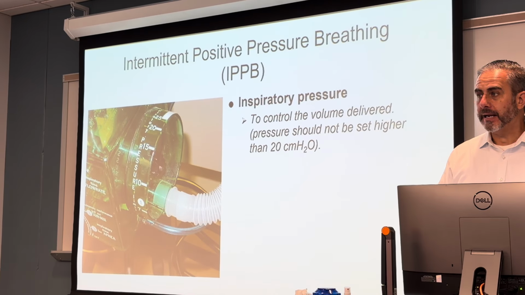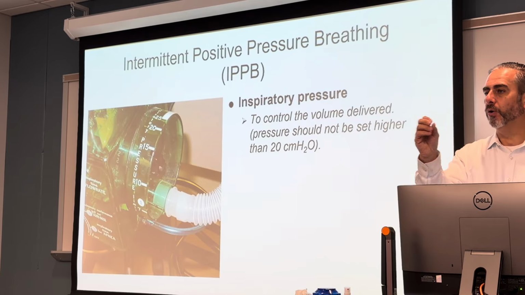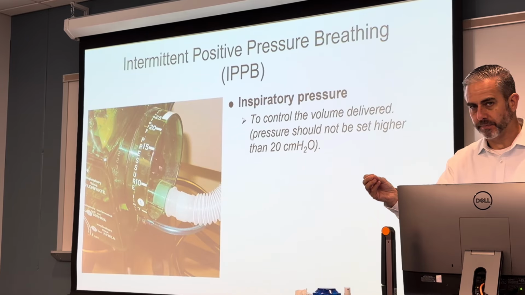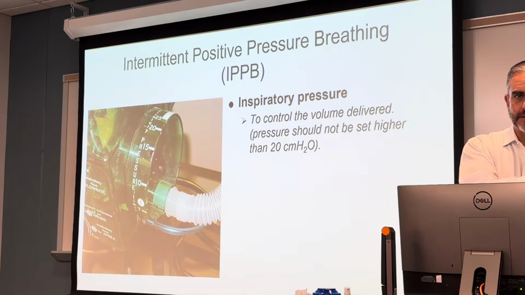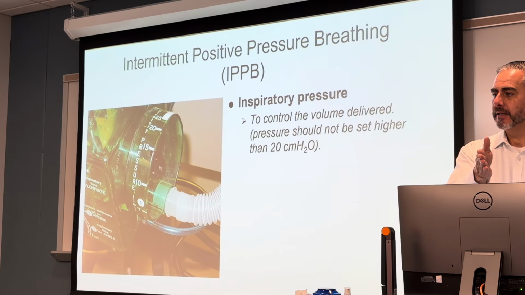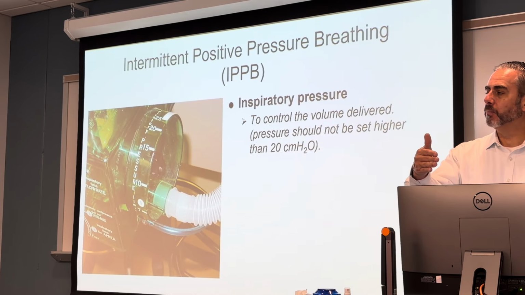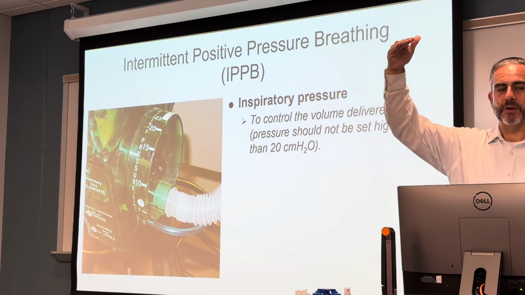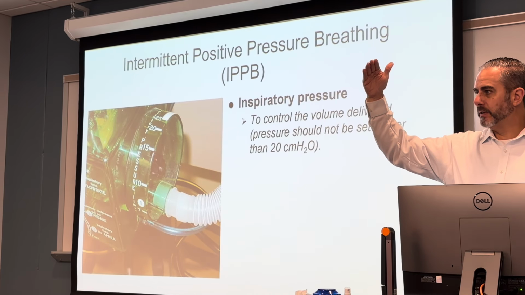There's not a knob or a dial that you program a tidal volume into. This is a positive pressure machine. So what you're delivering is positive pressure. By giving them more positive pressure, guess what happens to the volume being delivered? The greater the volume that's going to go into that patient.